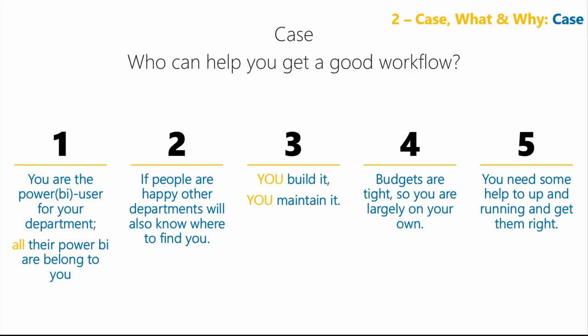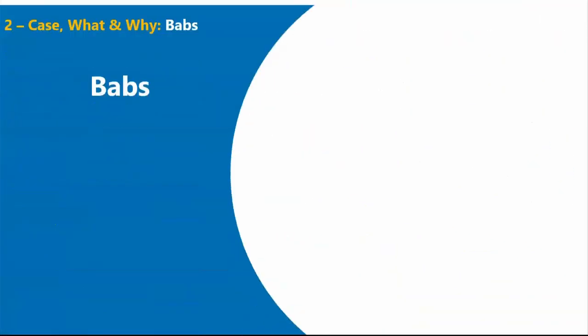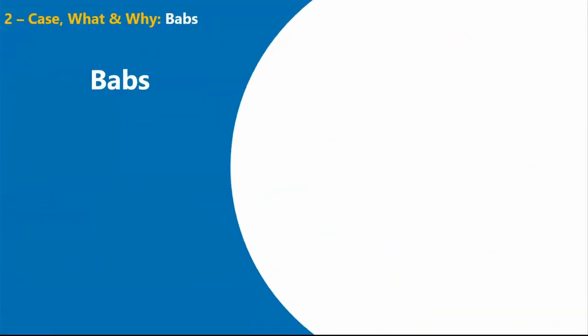And while you're asking around in the organization, who can help me, who knows something about this, 2 names keep coming up time and again, Babs and James. Let's have a look at them. Here's Babs. Well, we're not actually going to look at Babs, but the persona, the profile. She does something with computers, not really sure what, might be IT or whatever.